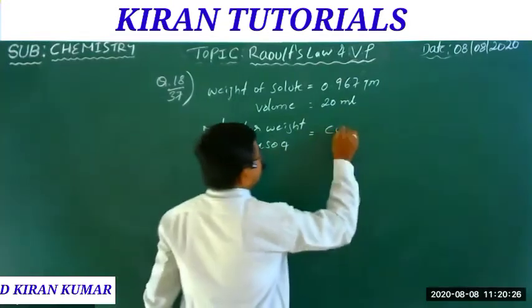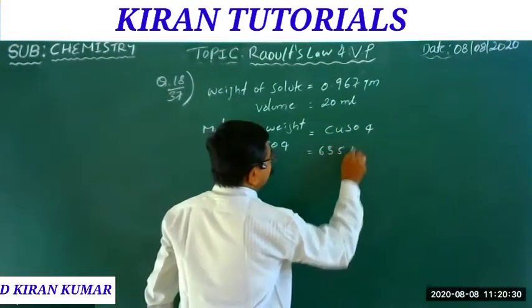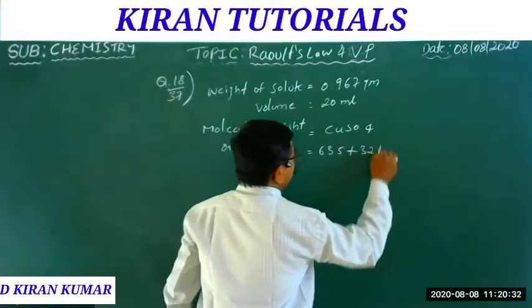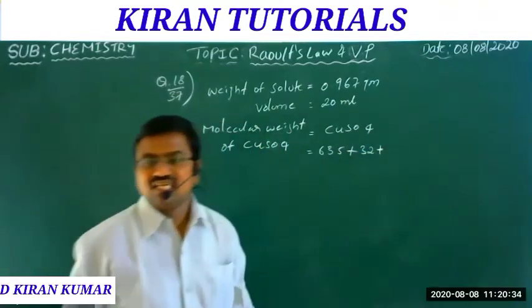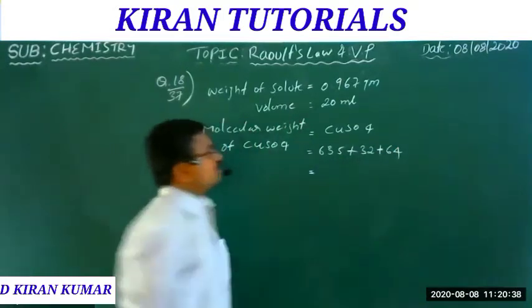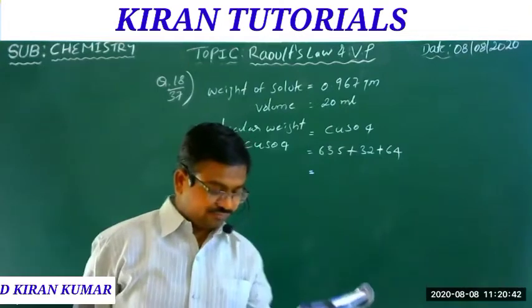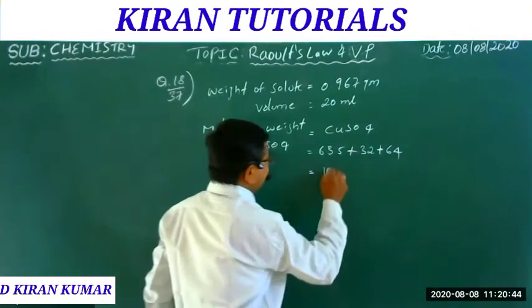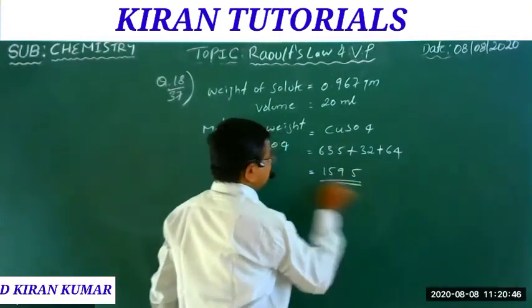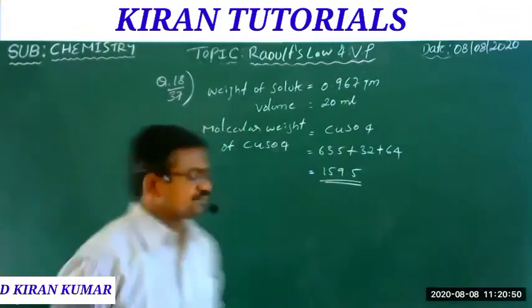So CuSO4 is 63.5 plus 32 plus 64. What is the weight? 159.5. Then we have to find the molarity.